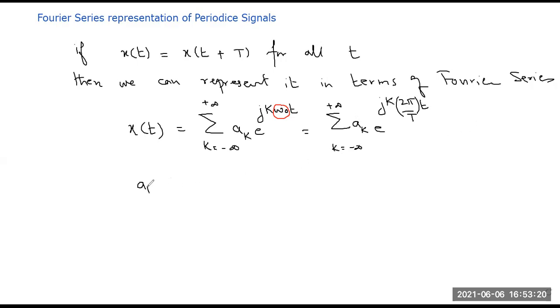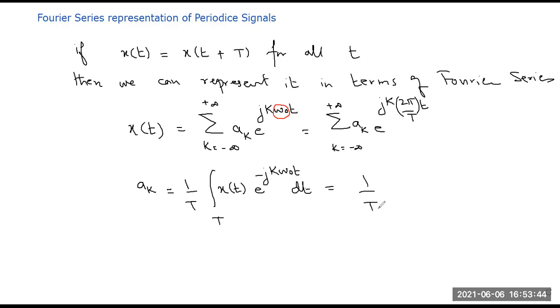And the other equation is the equation for Fourier series coefficients, a sub k, which is equal to 1 over T, then integration over an interval equal to the time period of the signal, x of t e to the power minus jk omega naught t.